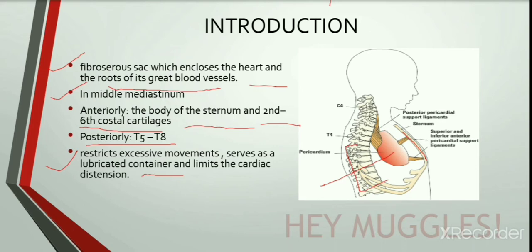So the pericardium surrounding the heart acts as a lubricated container so that the heart can relax and contract smoothly. Then thirdly, it limits the cardiac distension. What is distension? Distension is expanding, or simply we can say ballooning. So it limits your cardiac distension.